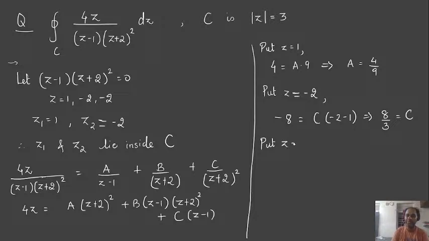Wait, the moment what you need to do is you multiply the denominator of the LHS into each of the numerators in the RHS. You will get your answer. So this is not square here, okay?